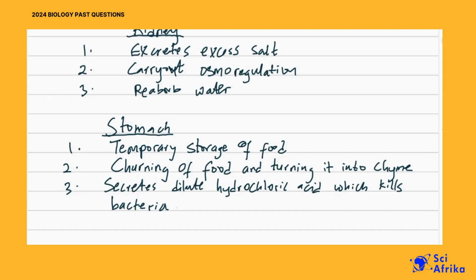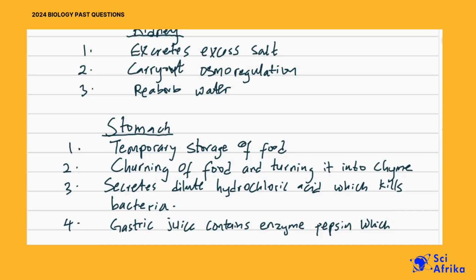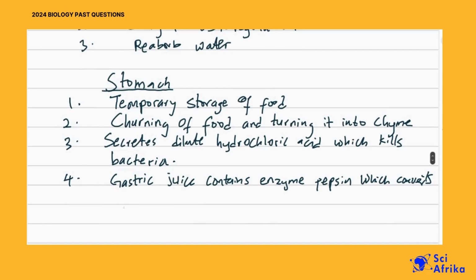So we have number 4, the stomach also has the gastric juice. The gastric juice in the stomach contains the enzyme pepsin, which converts proteins to peptones.